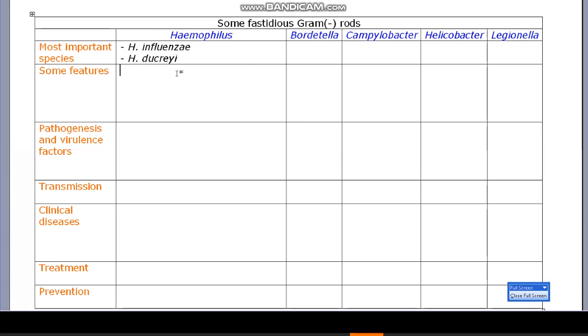Okay, so Haemophilus are fastidious because they need special nutrients. They have special requirements. And they need two chemical compounds to grow. Some Haemophilus need something called X factor. The X factor is a chemical compound that you will study in biochemistry, protoporphyrin 9.